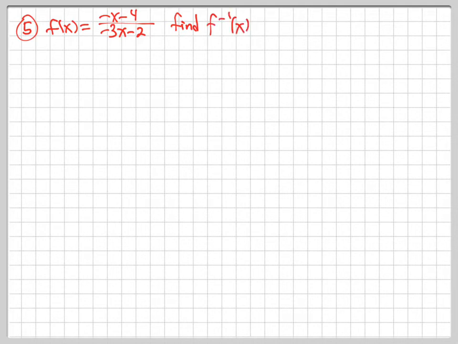So number 5 is f of x equals minus x minus 4 over minus 3x minus 2. Like that. And again, they want us to find the inverse function. So you know the steps.